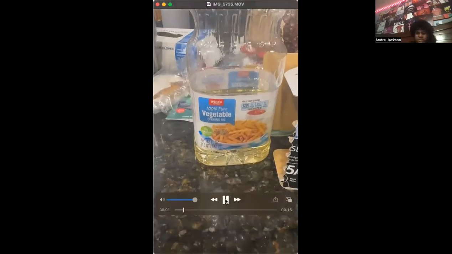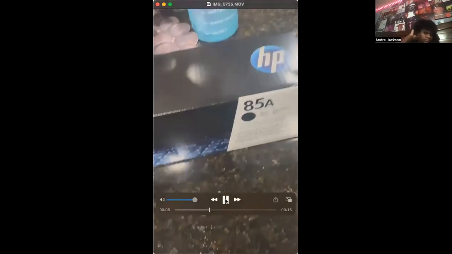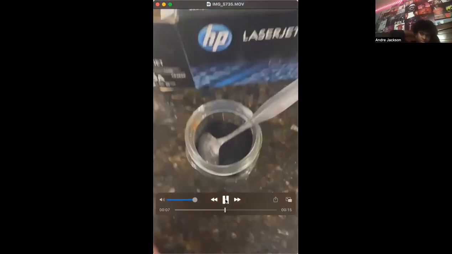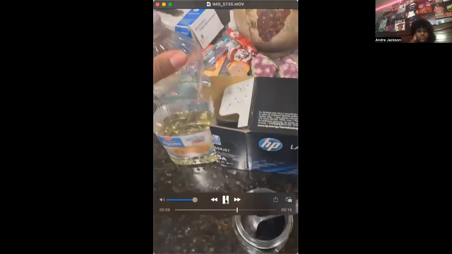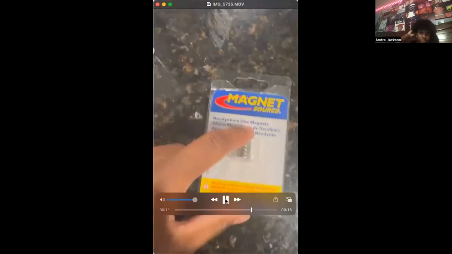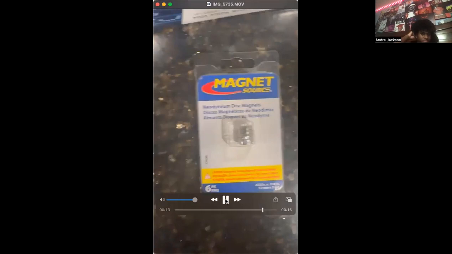All right. This is the first video. Got my vegetable oil. Got the toner. It's in this jar now. Go ahead and pour the vegetable oil in here. Also got my earth magnet as well. So that is the video of me showing all the materials.